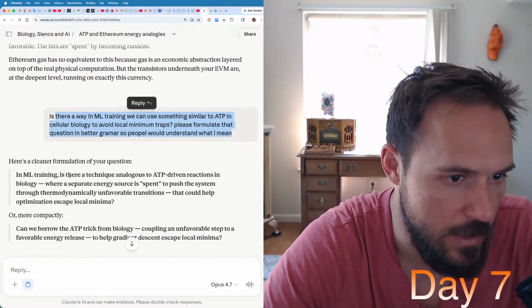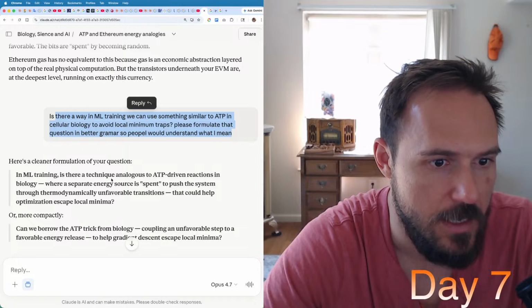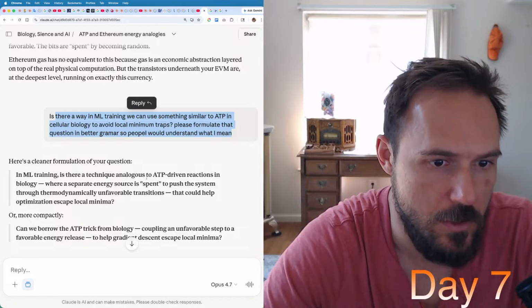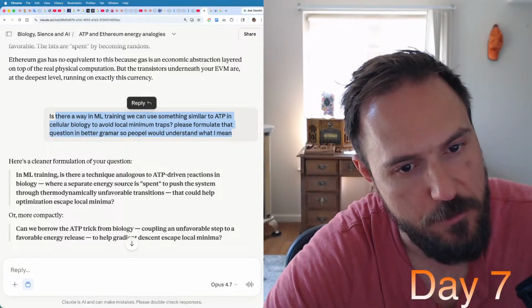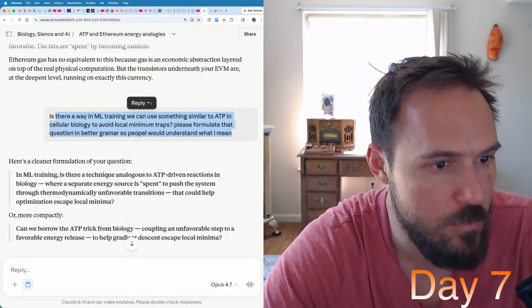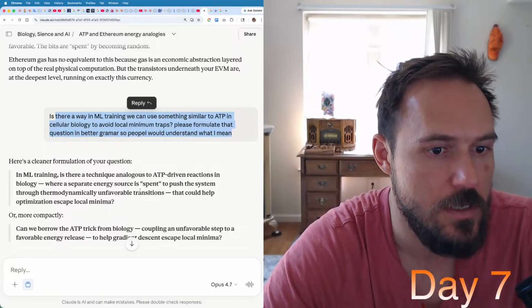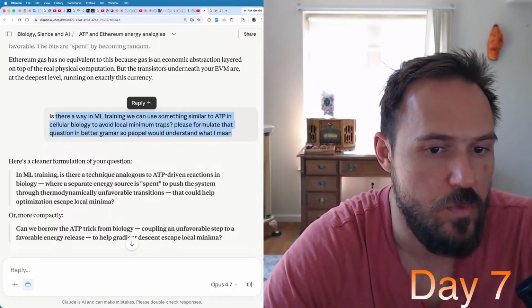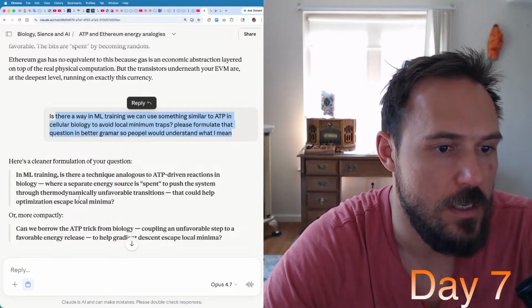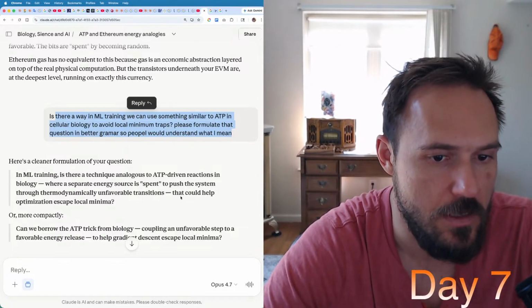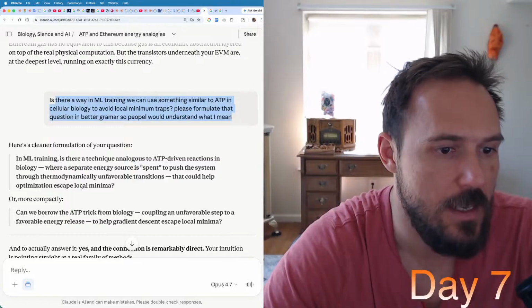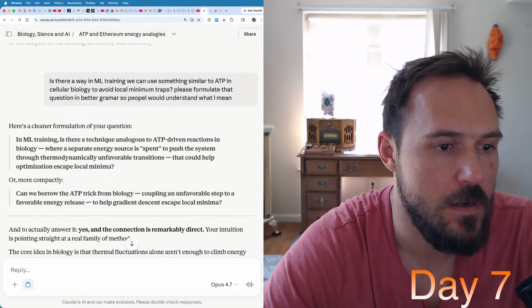In ML training, is there a technique analogous to ATP-driven reactions in biology, where a separate energy source is spent to push the system through a thermodynamically unfavorable transition that could help optimize or escape local minima?